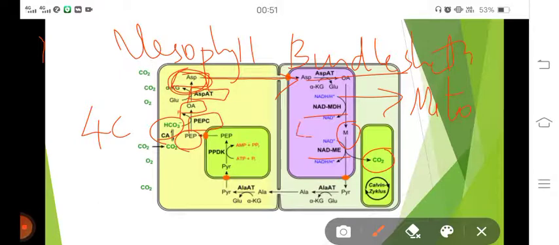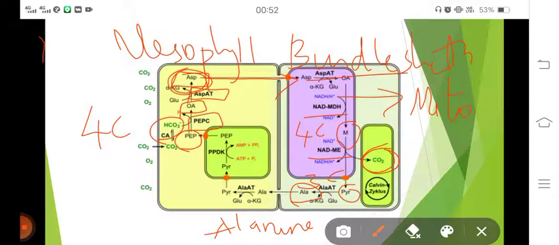As malic acid is a 4 carbon compound and it is releasing 1 carbon dioxide, it is going to give a 3 carbon compound called pyruvic acid into the cytoplasm of the bundle sheath cells. This pyruvic acid cannot transfer to the wall, so it is getting converted into another amino acid called alanine.